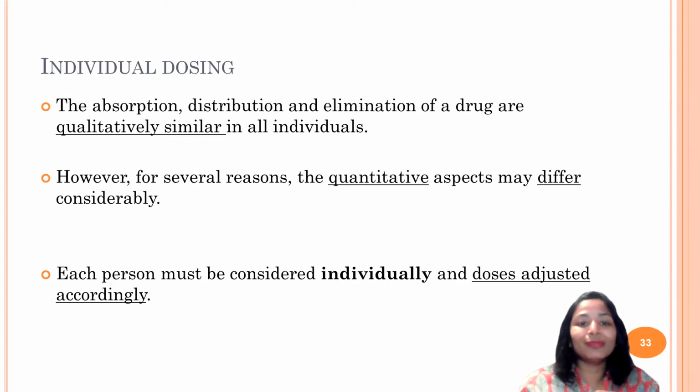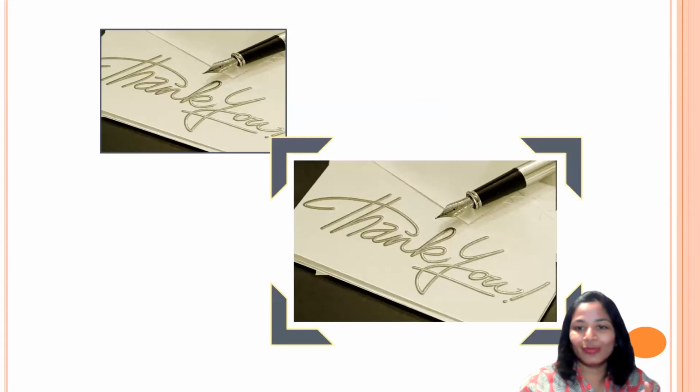Therefore, it is very important for us to adjust the doses according to the individual's needs and the biochemical processes which are taking place inside the body of the patient. Also, we need to look at if there are any additional disease conditions we need to think about for the patient.